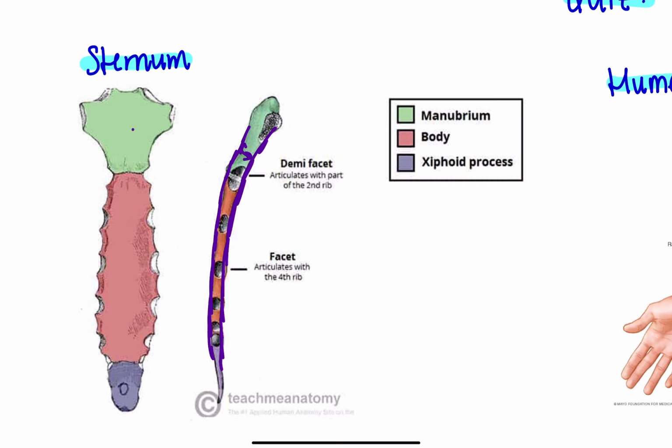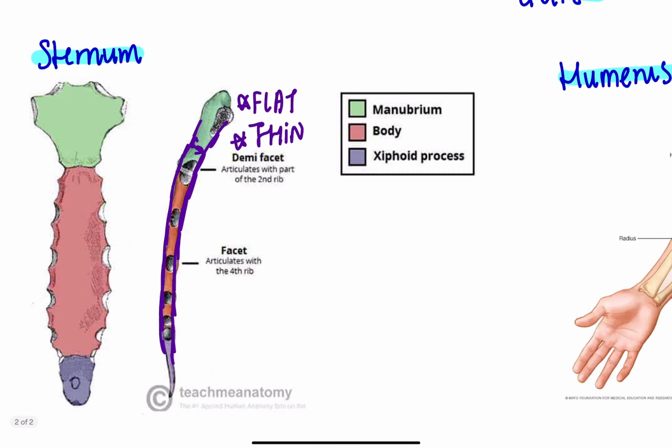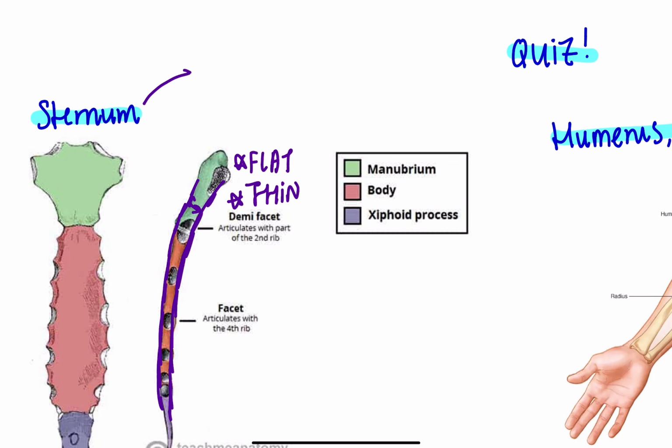And it is longer than it is wide, but the key point here is that it's very flat, very thin. So based on the fact that it's protective and that it's flat, we can say that the sternum is a flat bone, which it is.